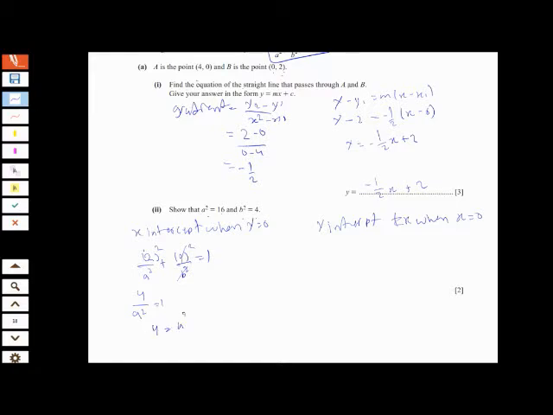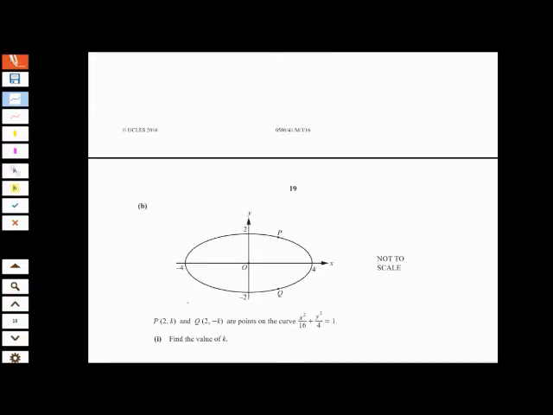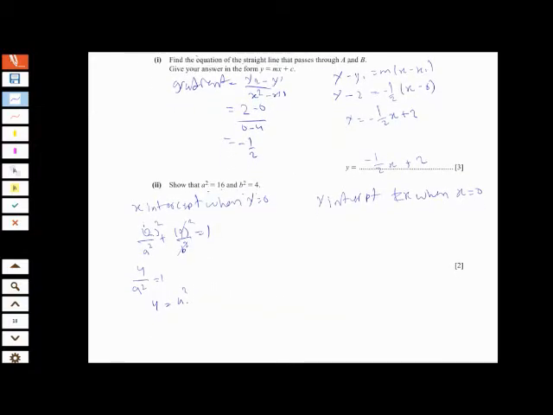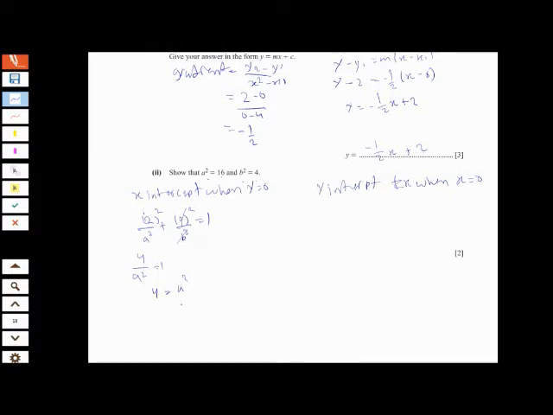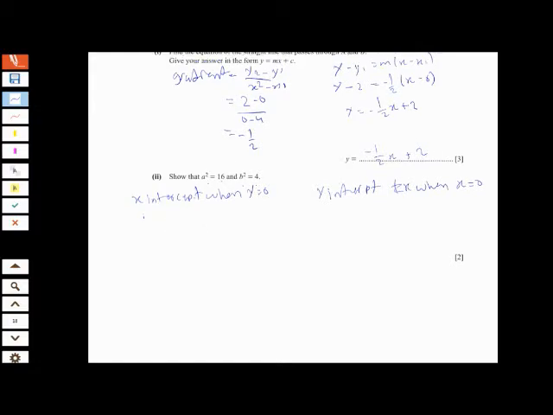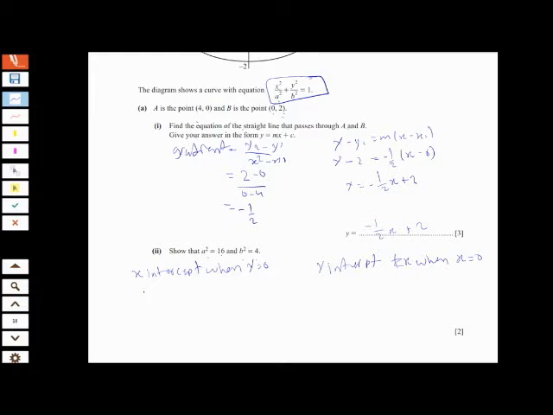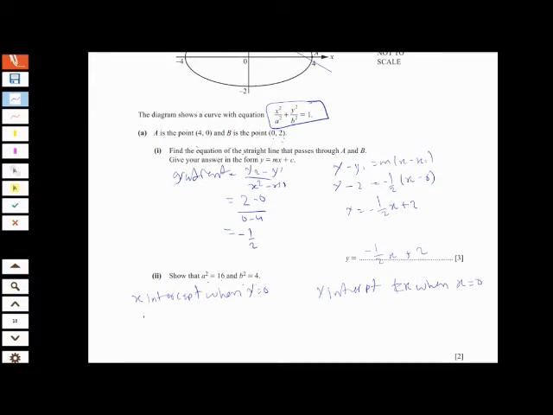Now you have the equation x square over a square plus y square over b square equals 1. Now the x square is 16, which is 4. X is 4.